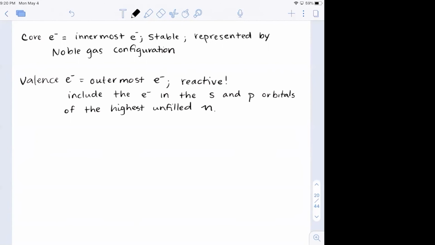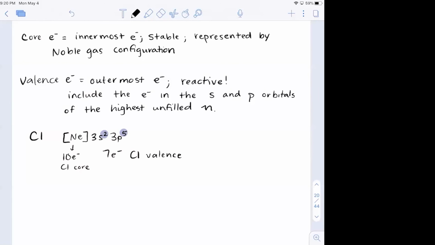n value. So just to bring up another example, we can look at something like chlorine, which has a noble gas shorthand of neon 3s2 3p5. Overall, 7 electrons in chlorine's valence, 10 electrons in chlorine's core.